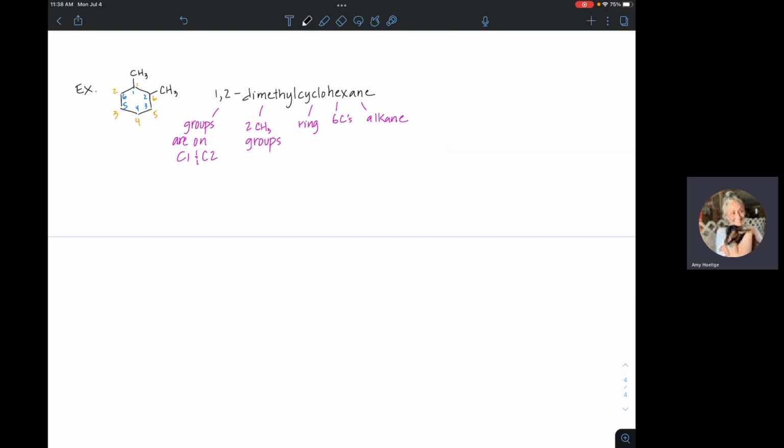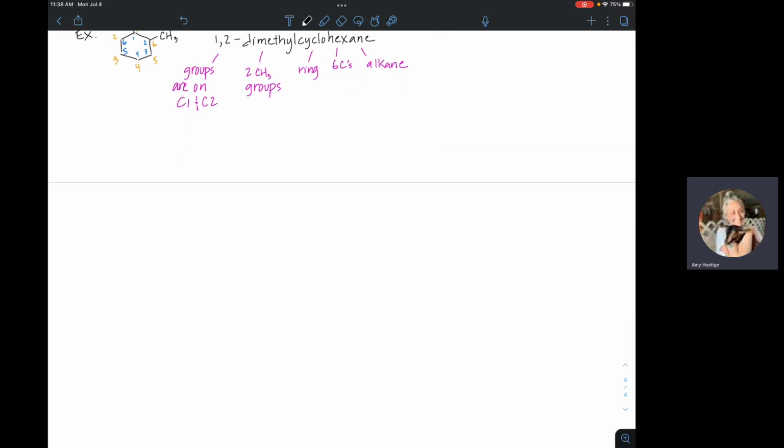Let's do one where we have a line bond structure, and then I'll show you some common prefixes that we use. Common nomenclature uses prefixes like iso and tert and stuff like that. So let's go 2, 3, 4, 5, 6, 7, 8.